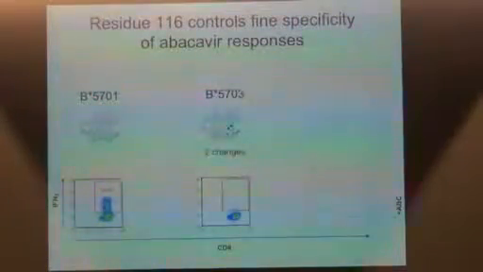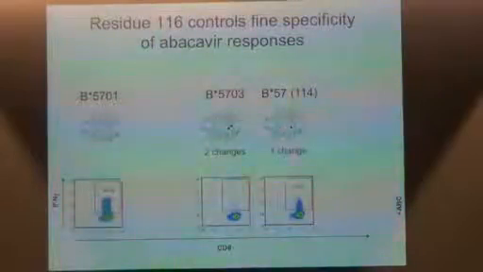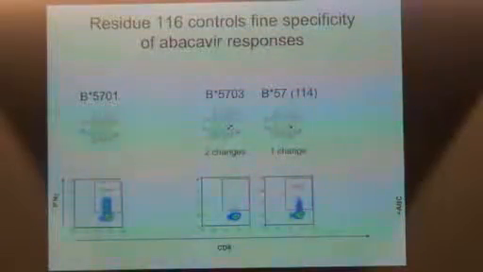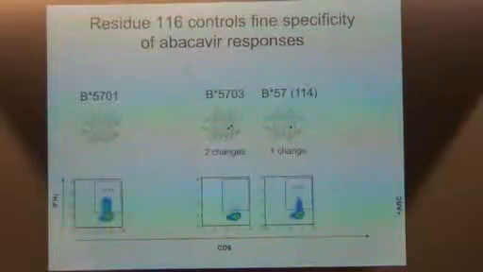Now, if you take a molecule called B5703, which has only these 2 amino acid differences from B5701, there's absolutely no response at all. And if you make it so that there's only one difference, you see some of the response coming back, but it's only 10%, not 28%. So this one amino acid difference is impacting, but not completely abrogating, the activation.